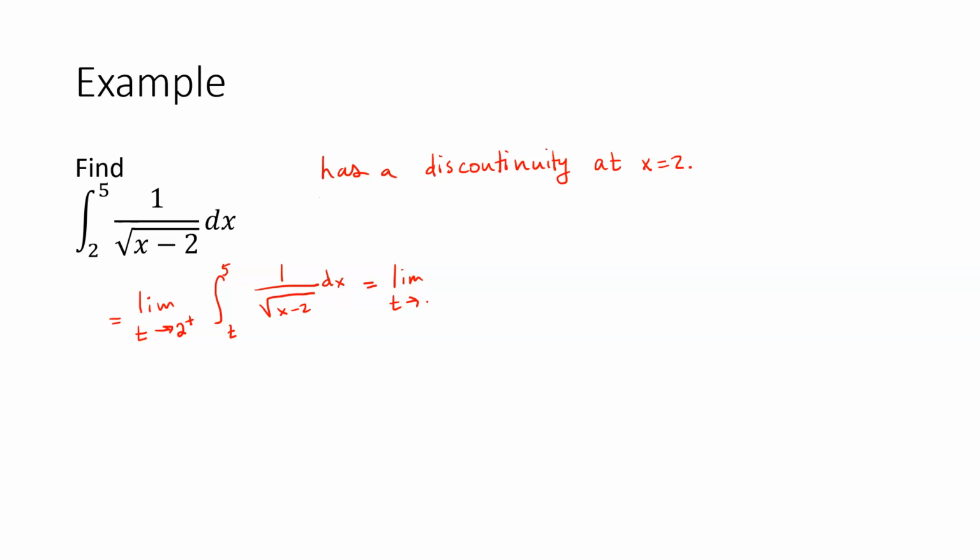Now, to evaluate this integral, I'll write (x minus 2) to the negative 1/2 power. Integrating here, it's like doing the integral of u to the negative 1/2, which would just be 2u to the positive 1/2.